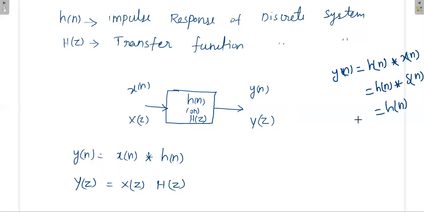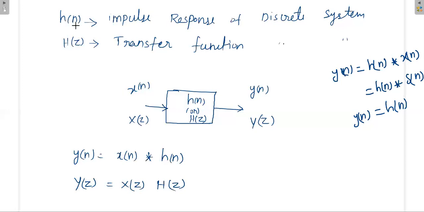So h of n is also called the system response or impulse response of the system. There are two names: h of n can be called the system response or the impulse response. So the impulse response of the discrete time system is h of n.